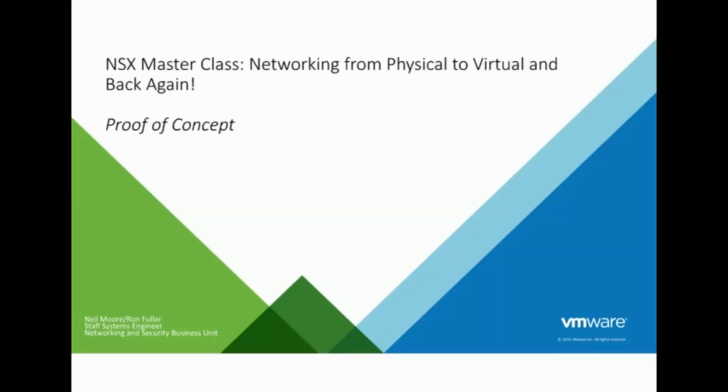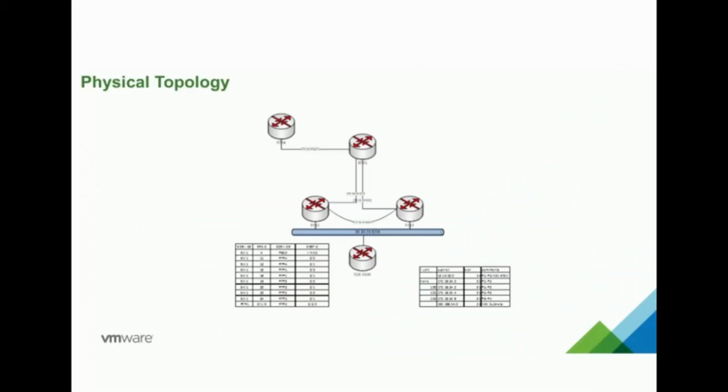If we didn't have the classic Visio diagram to start things off with, it wouldn't really be a classical network discussion. So this is what the physical topology looks like. We have router 1, router 2, router 3, and router 4. From a network perspective, NSX is just another router on the network.